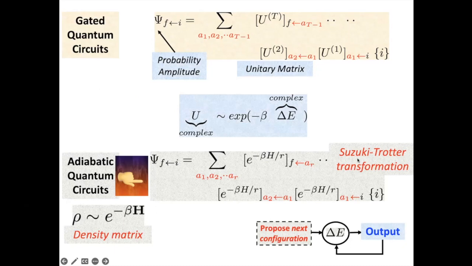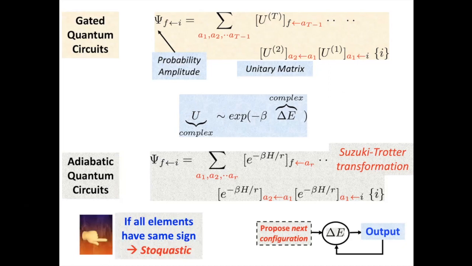And there again, there's this Suzuki-Trotter transformation that one can use to evaluate this quantity by breaking it up into R replicas. That is e to the power minus beta h over R multiplied R times. And there again, you'd have these paths that you are adding up. So it maps to much the same mathematics.